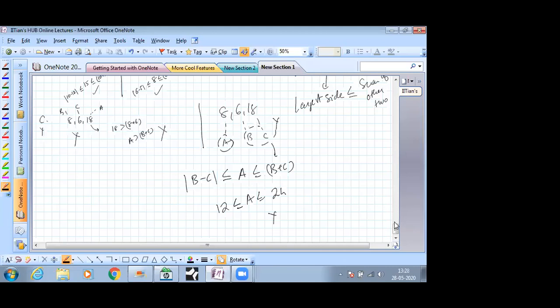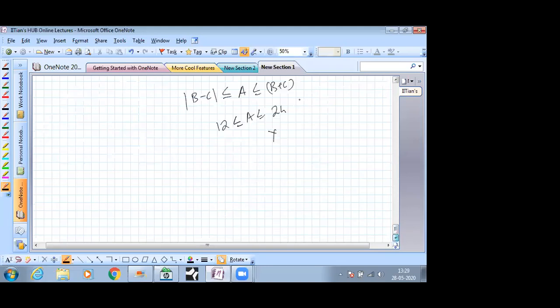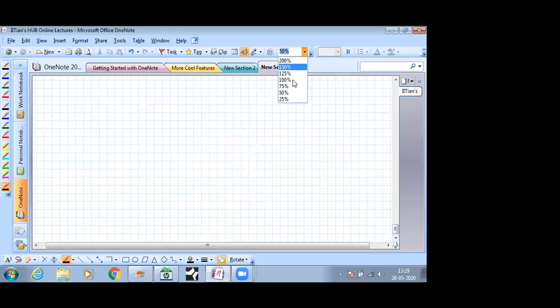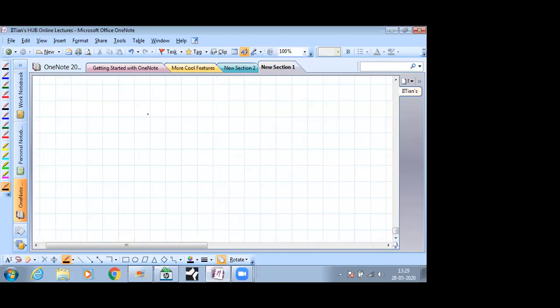Okay, so that's question number 10. Now let's move on to the more than one option correct type of questions. So question 11. In question 11, just use triangle law.